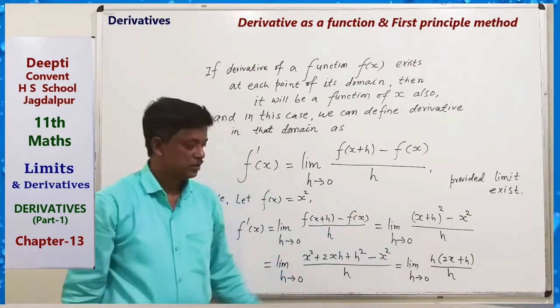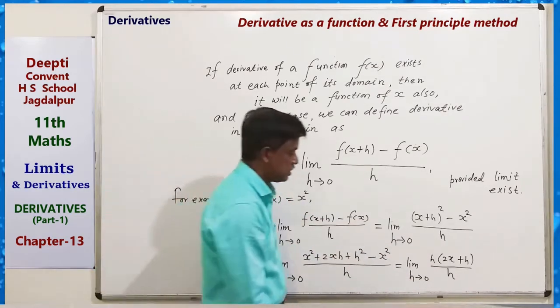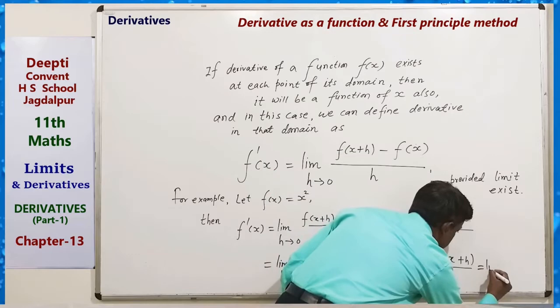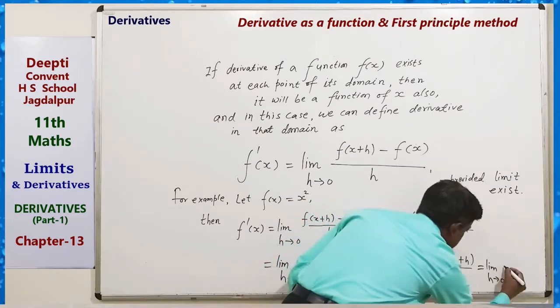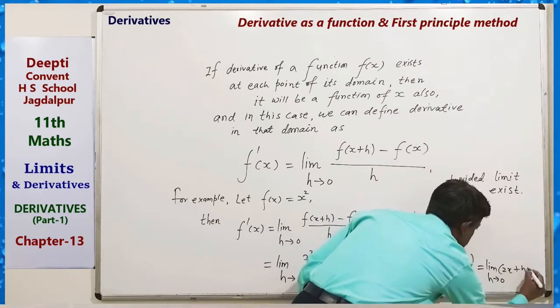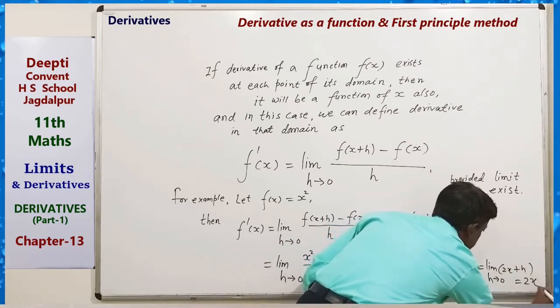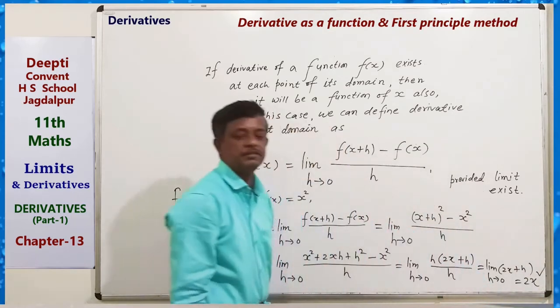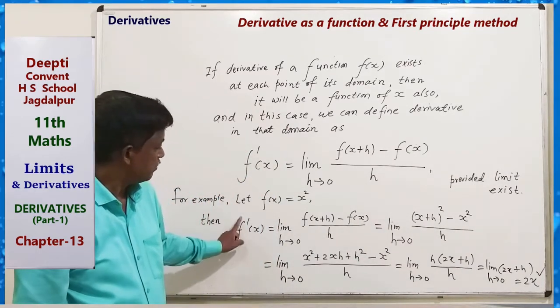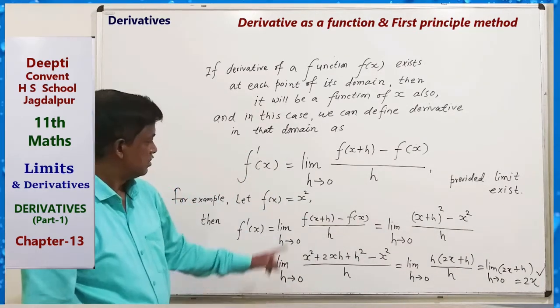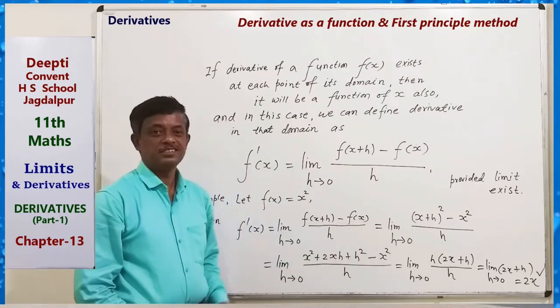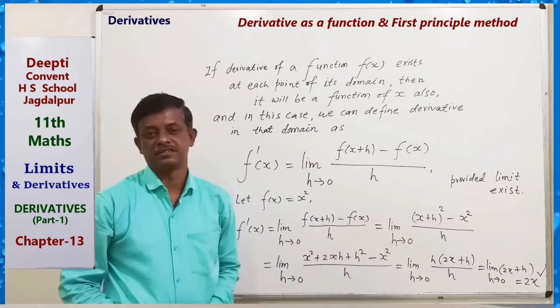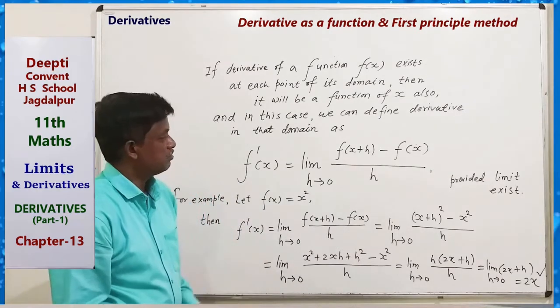The h cancels, and now you can put in the value: 2x. This is the derivative. f dash x equals 2x for f(x) equal to x square. That is, the derivative is again a function of x. So this is the general derivative, okay?